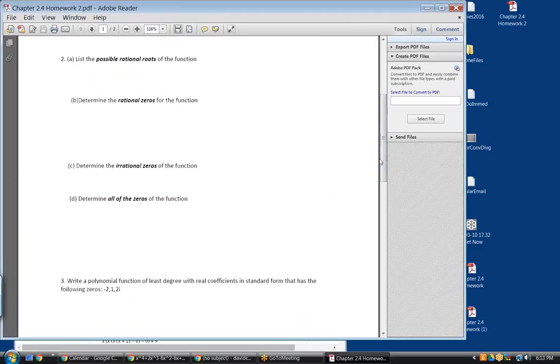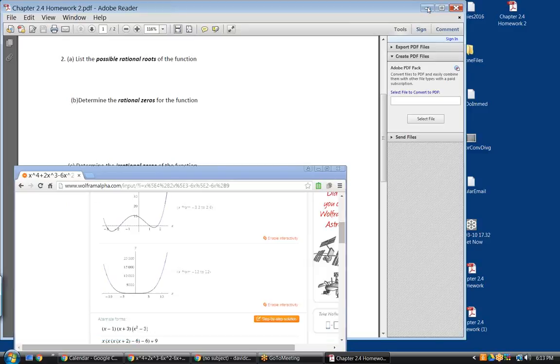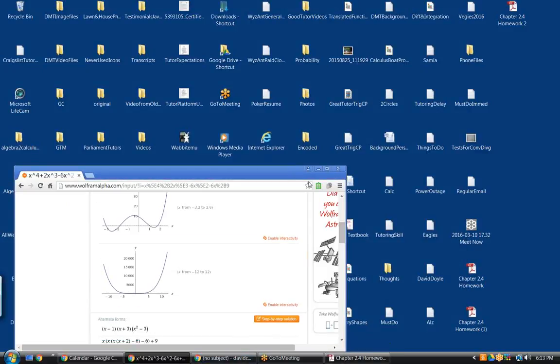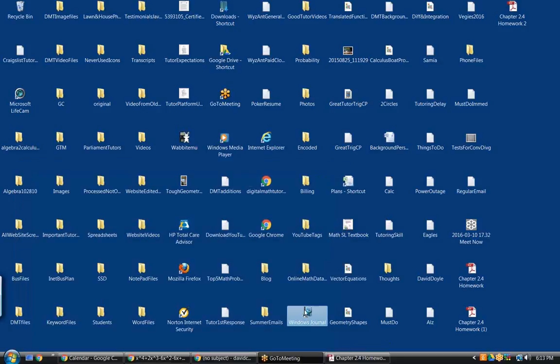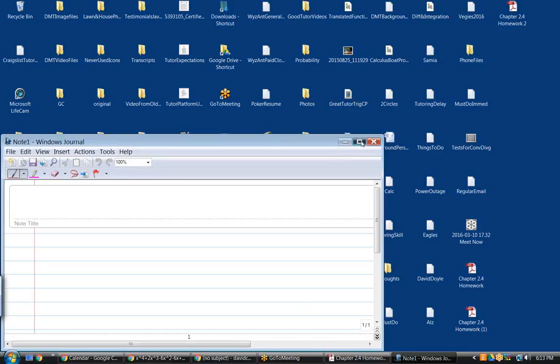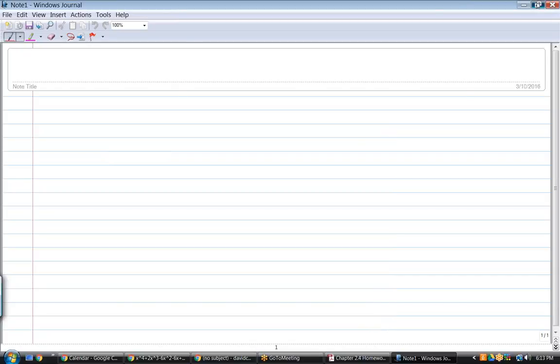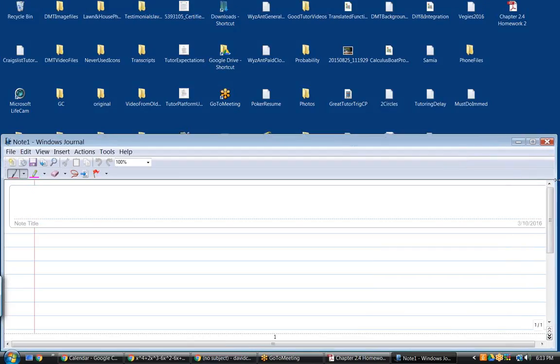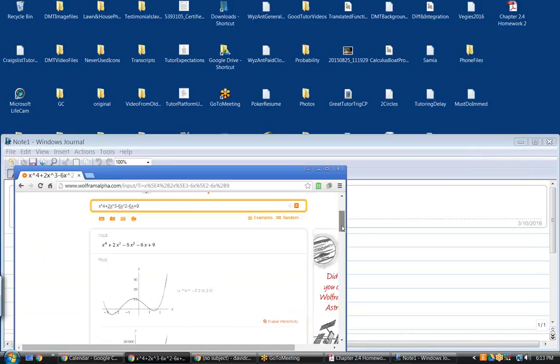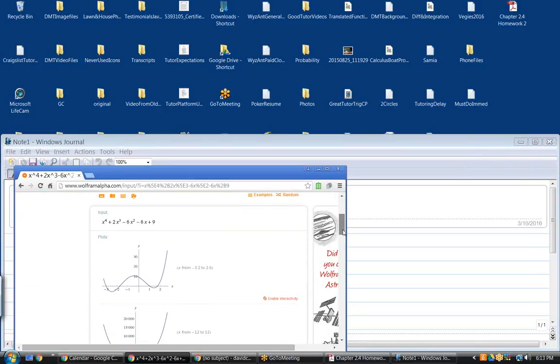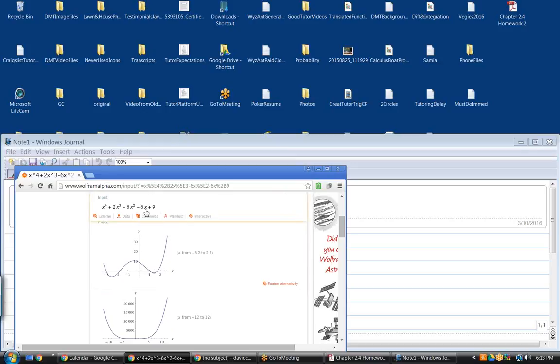List the possible rational roots of the function. They are not going to let us get away from that, huh? Nope. They're going to force us to go through that tough process, so tell me how to do it again. If my function is, okay, read it from where it says the input there.